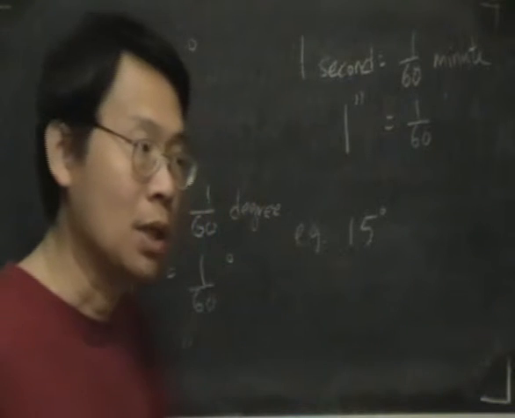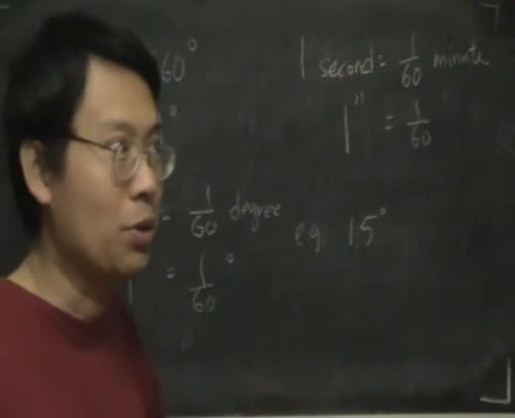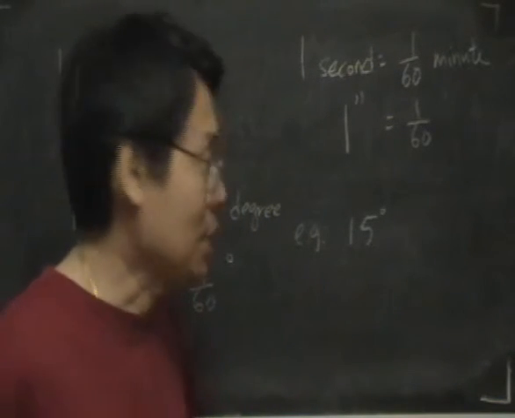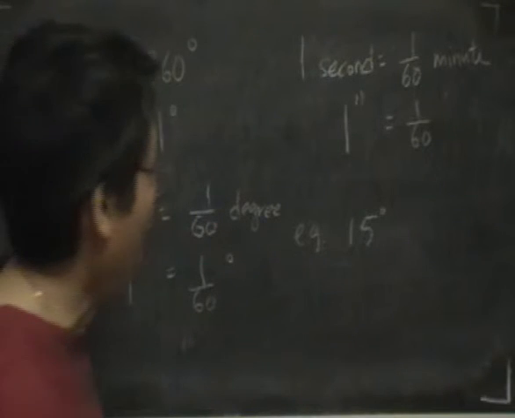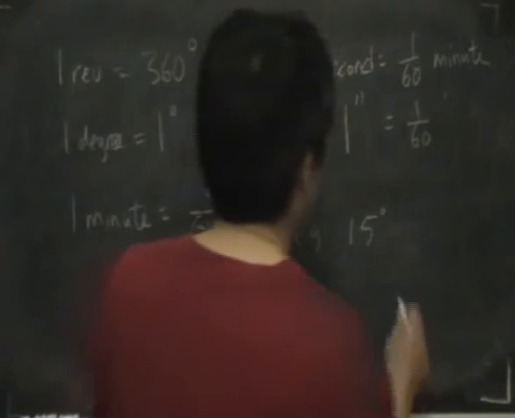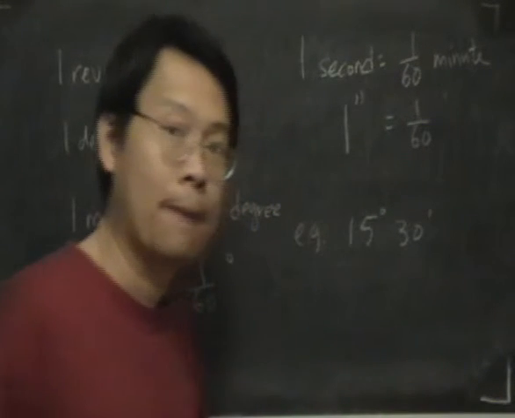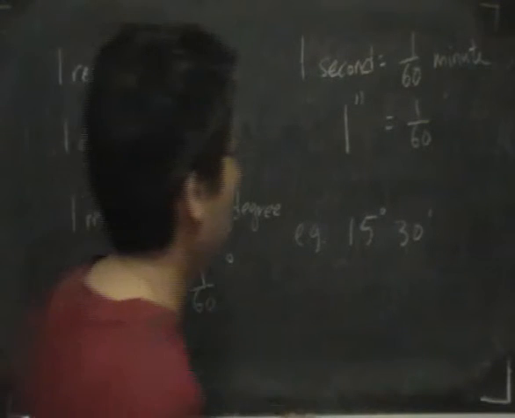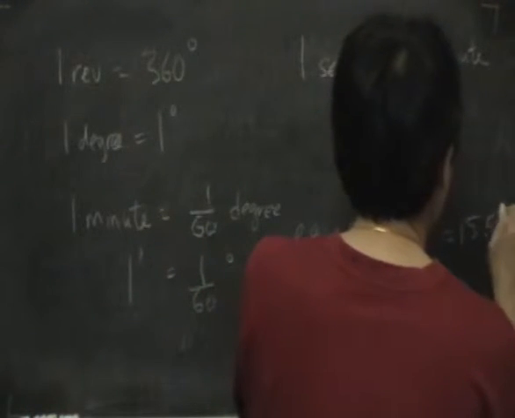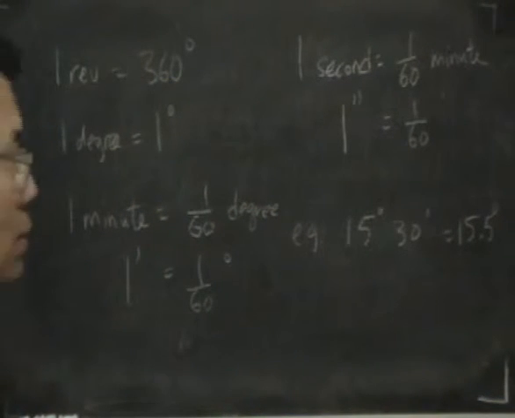It's like when we tell time, instead of saying 1.5 hours, we say 1 hour and 30 minutes. So for example, if I have 15.5 degrees, I can also call it 15 degrees and 30 minutes. In fact, 15 degrees and 30 minutes is actually 15.5 degrees.